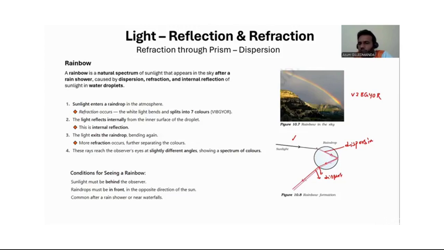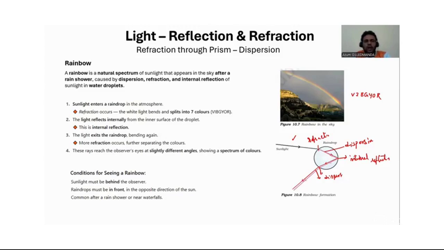Then what is happening at this surface? At this surface, it is refraction. And then what is happening at this surface? This is internal reflection. So a rainbow is a combination of refraction, dispersion, and internal reflection of the sunlight in the raindrops or water droplets.